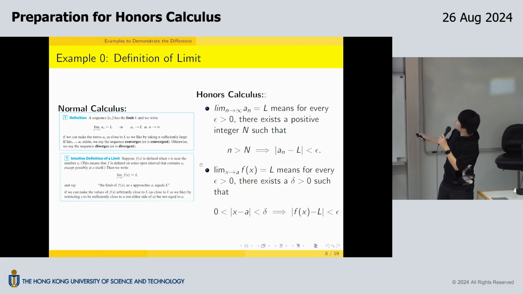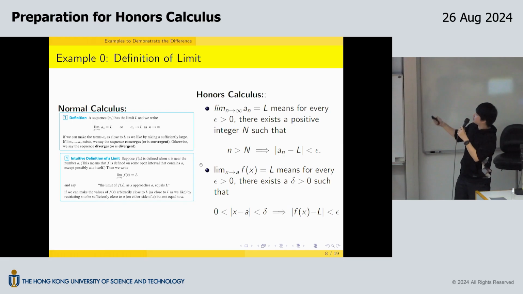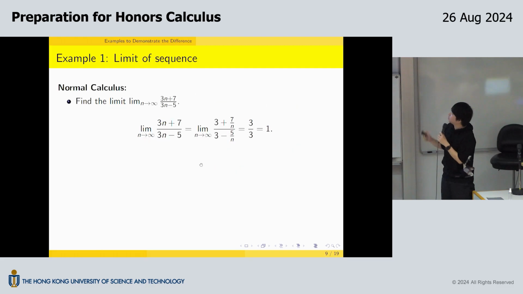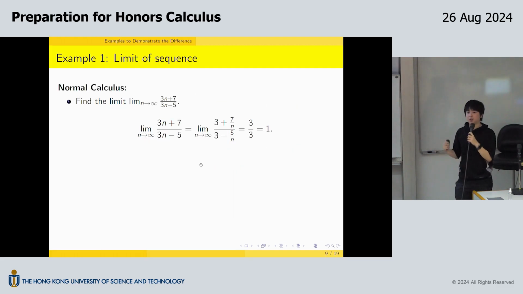And behind this sentence, there is an implicit implication that the parameter delta should depend on epsilon. That means for each epsilon, you should have a different delta. So this is the kind of stuff you will see in honor calculus, right? And let me elaborate more on this by examples.